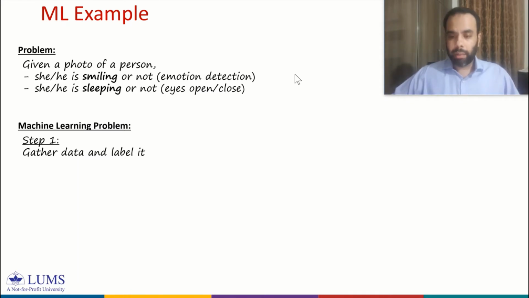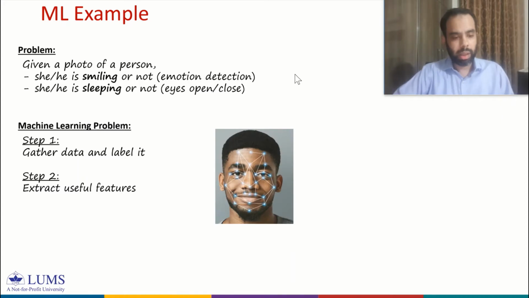Once we gather data, the next step is to extract useful features for each photo. What do we mean by useful features? Just to demonstrate this concept, say we have this photo, and on this photo we have marked these points here.